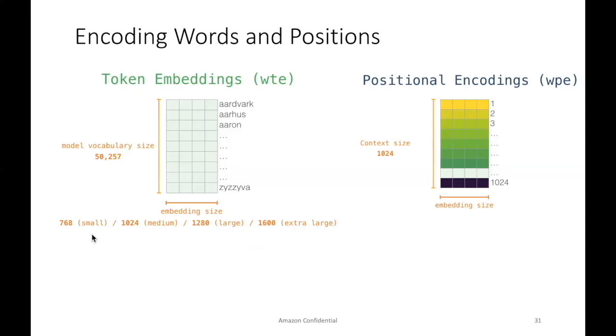Small details about these GPT and BERT models. When this number of columns is 768, then it's usually a small or a medium model, while if it is 1024 or 1280 columns, then it's a large model, and 1600 basically means extra large models.